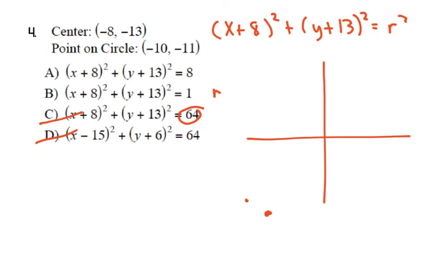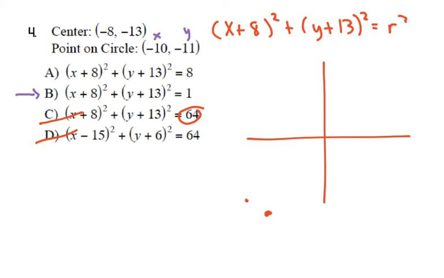So it could be 1, or it could be 2 square root 2, which is approximately 2 point something, 2.7 or something like that. So that's where I need to figure it out. Remember, we've got a couple of tools we can use. One thing that we could use is I could take the negative 10 being the x and the negative 11 being the y, and plug it in. I kind of think it's that equation.